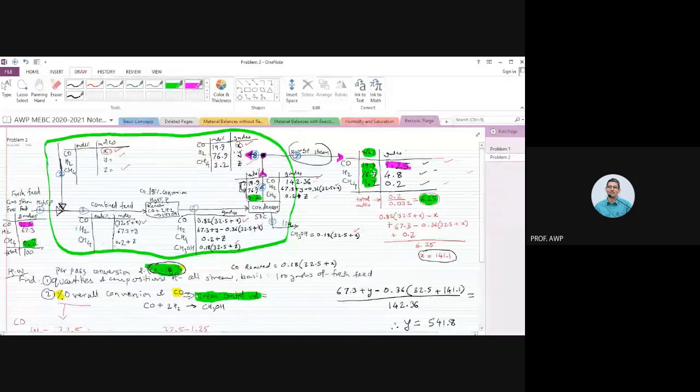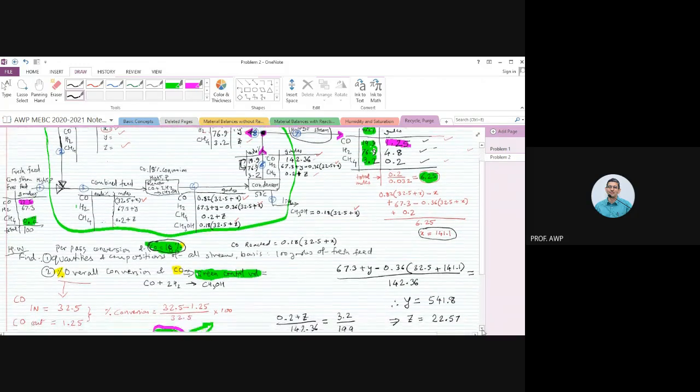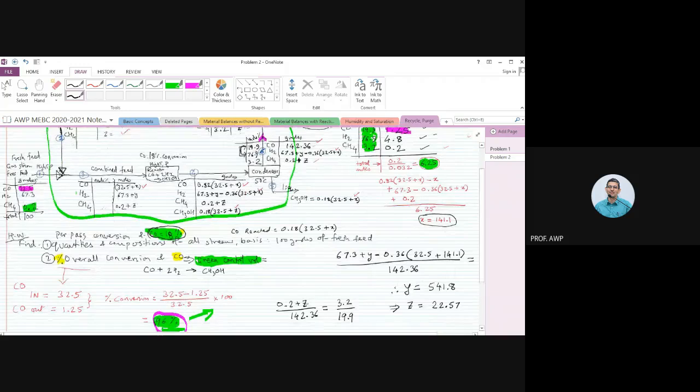Suppose instead of 3.2, only 2.5 was allowed, we would have had to recycle less, we would have had to purge more, and therefore the percent conversion would have reduced. It may have been 90, 89, 88, whatever. But still, it is significantly more than the per pass conversion, which is 18%. Hardik, is that okay?